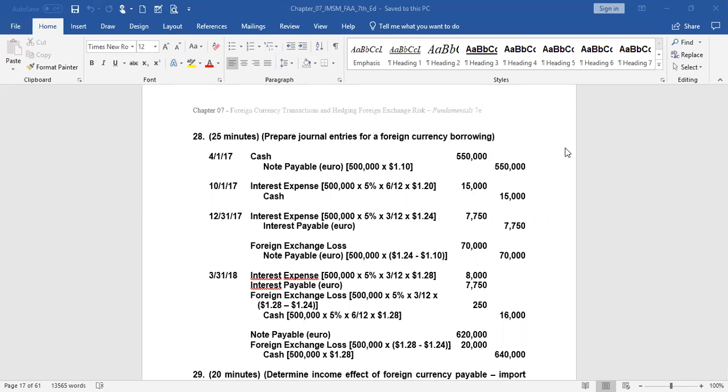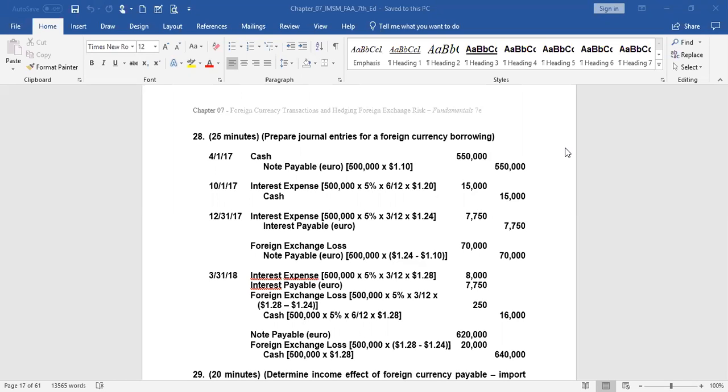We'll debit interest payable for the amount we accrued at the end of 2017. However, the actual amount of interest for those 3 months at the conversion rate today is $250 higher. We don't record that as interest expense. We record that difference in exchange rate from the 3 months of interest recorded as an expense at December 31st through March 31st as a foreign exchange loss.